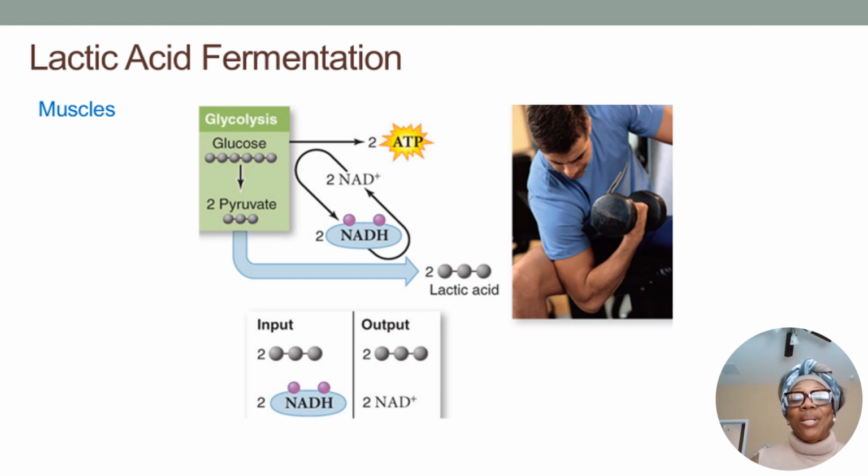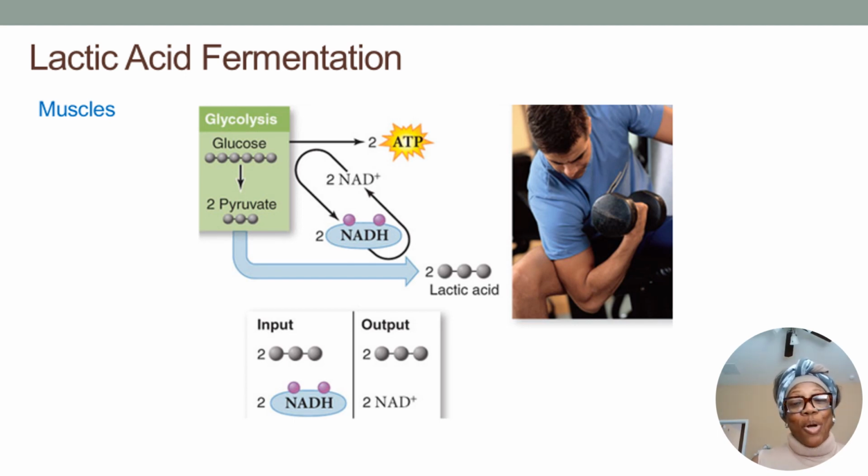So what will happen is the process of lactic acid fermentation will occur. Lactic acid will build up in those muscles that have depleted oxygen so that the muscles can continue to work. Again, they need energy, and since we've used up all the oxygen with exercising so hard, they're getting it from lactic acid fermentation, because no oxygen is required for fermentation to produce energy in the form of ATP.